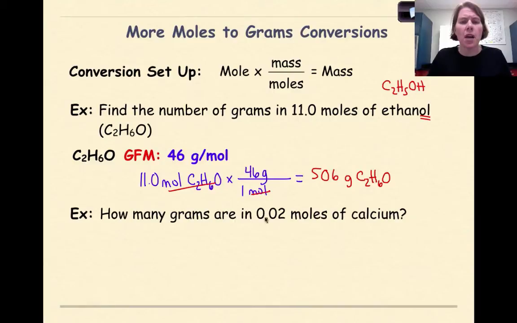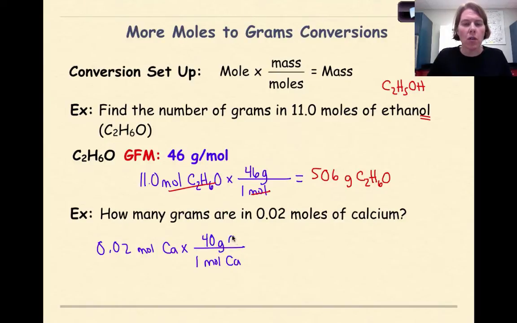How many grams are in 0.02 moles of calcium? So now we're just working with a single element. 0.02 moles of Ca, multiplication sign and a line. In 1 mole of Ca, there are 40 grams of calcium. I want to make sure that everything is set up correctly.